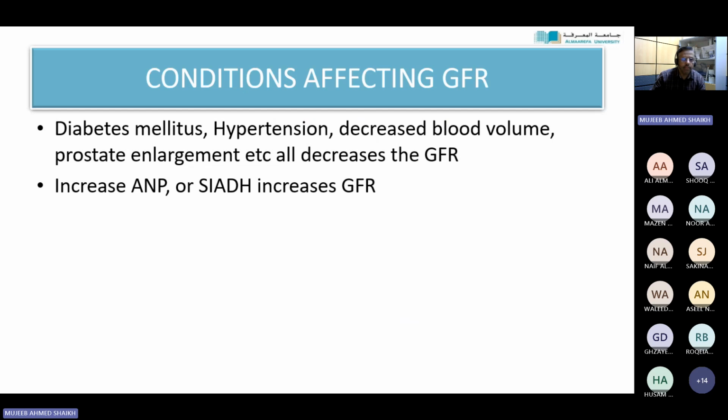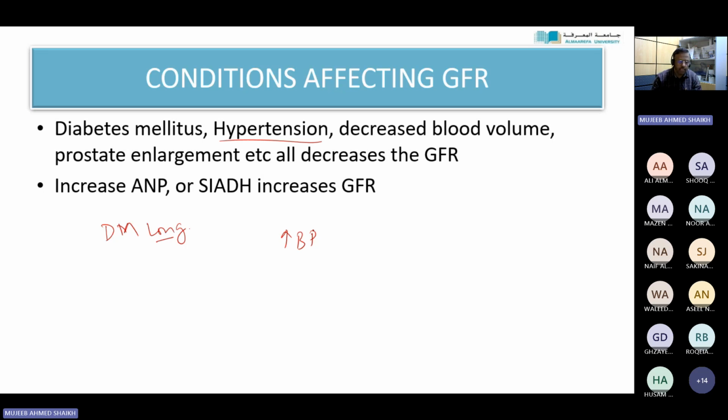Remember the conditions in which GFR is affected. One is diabetes mellitus for a long time. It's not that diabetes is detected today and you will have a change in the GFR. No, it is long term, maybe for years. If diabetes is not treated, then it may lead to a change in the GFR. Hypertension, increased blood pressure for long-standing, not 1, 2, 3 years, but many years.